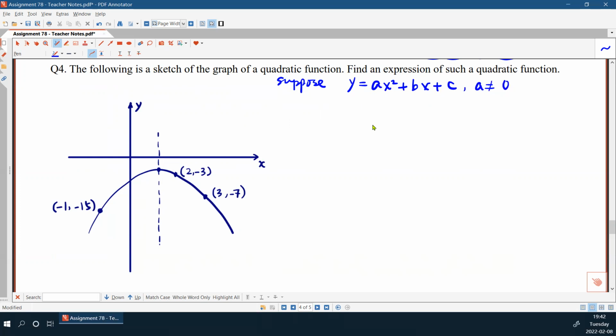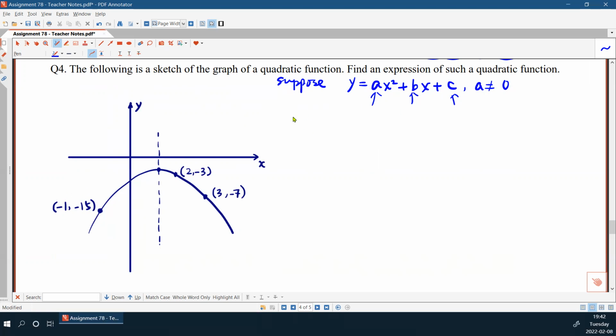And in order to solve a, b, and c, we need at least 3 equations, right? And 1 point corresponds to 1 equation. If you plug that point in, you will get an equation, right?